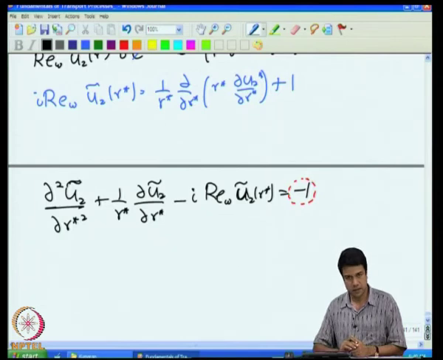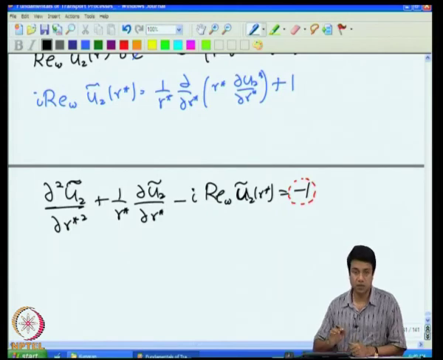That means that I can write the solution as the sum of two parts. One is a general solution and the other is a particular integral. The general solution is the one that satisfies the homogeneous equation without the inhomogeneous term on the right hand side.